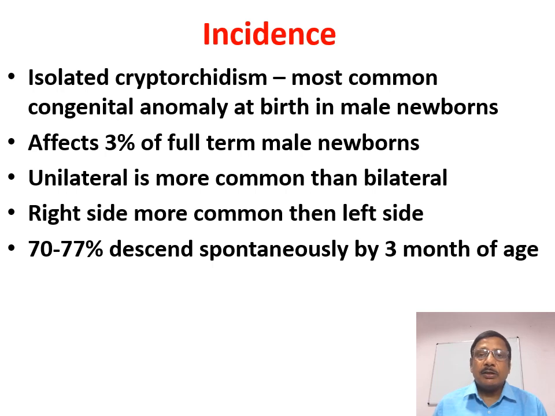That means when the baby is born with an empty scrotum, then by 3 months of age, the baby has a scrotal testis. That is very important for us to understand. So whenever the baby is born with an empty scrotum, we should wait up to this period, mandatory.